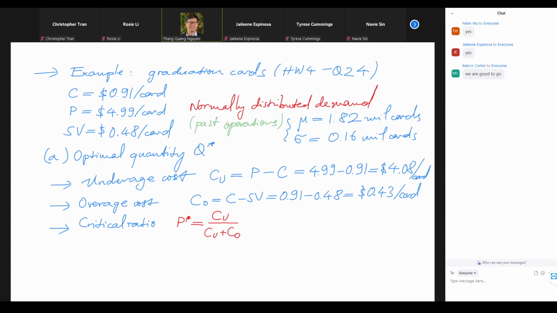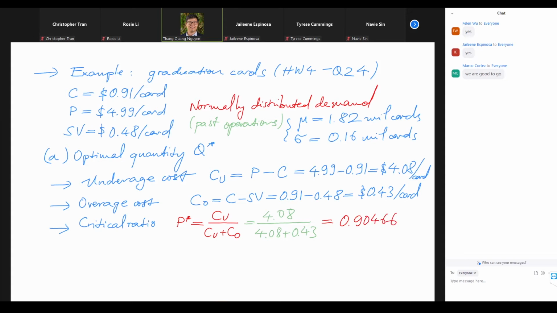All right, so CU divided by CU plus CO. Then we just plug the numbers in, 4.08 dollars per card divided by $4.08 per card plus 0.43, all the dollars per card canceled out, right? So we only have the numbers left. And at the end, our P star would be 0.90466.